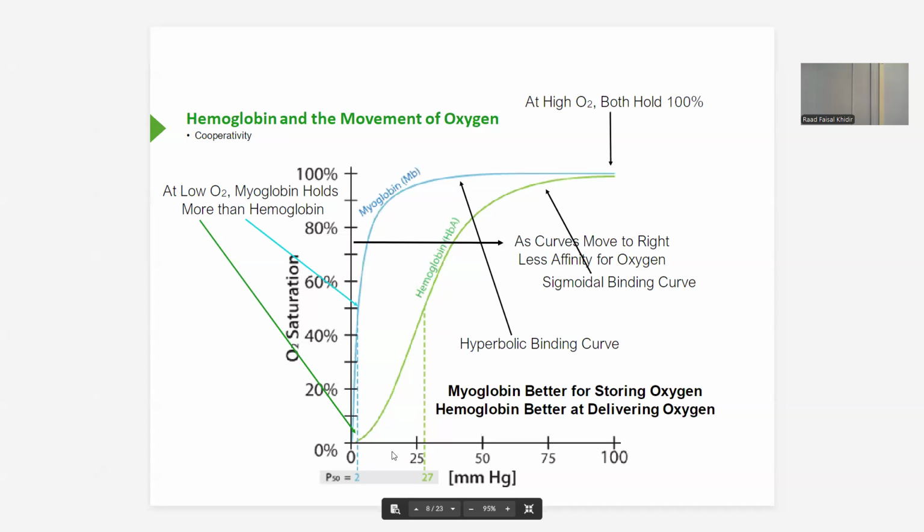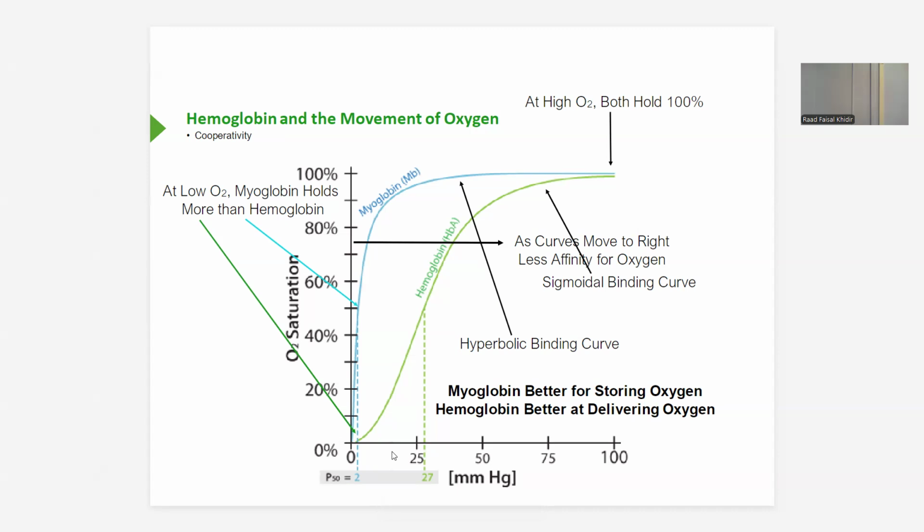So at low tissue oxygen, what does that mean? It means I'm running a marathon. My tissue is suffocating, no oxygen. Then hemoglobin is going to be low too, you see the green, because it let go of all of it. But here, 100%, when I'm just hanging out, chilling, watching the NFL, my oxygen is 100%, and so is my hemoglobin.